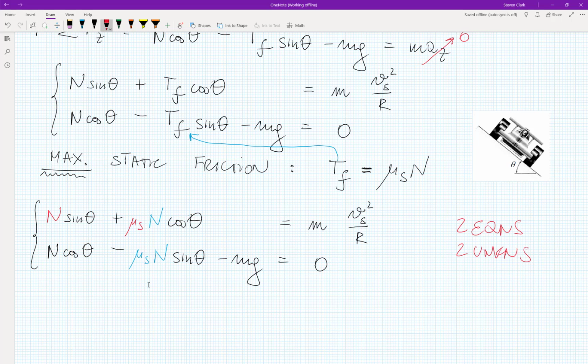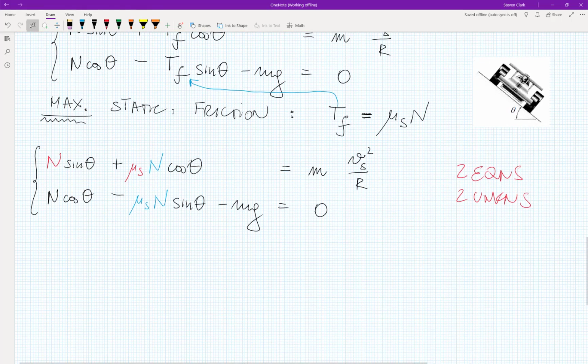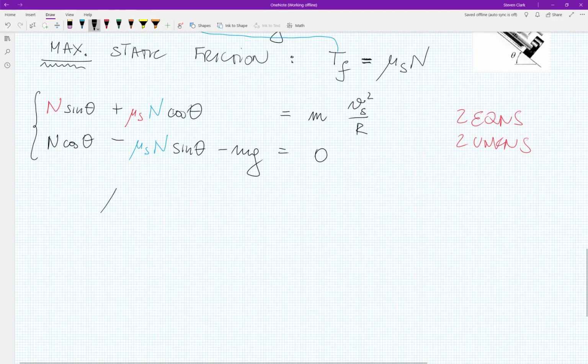Cool. So you can use your mathematics skills to solve it. I did it yesterday, and here is the answer I obtained. If you want to find mu s, this is what you should obtain.